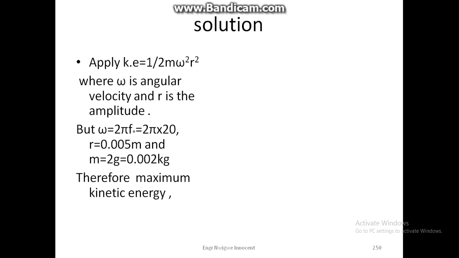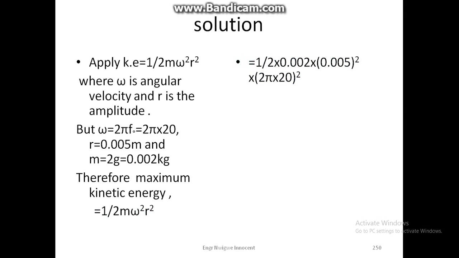Therefore, maximum kinetic energy is equal to 1 half of m omega squared r squared, which is equal to half times 0.002 times, in brackets, 0.005 squared, times, in brackets, 2 pi times 20, all squared, which is equal to 0.0003951 joule, or 3.9 times 10 raised to the power minus 4 joule.